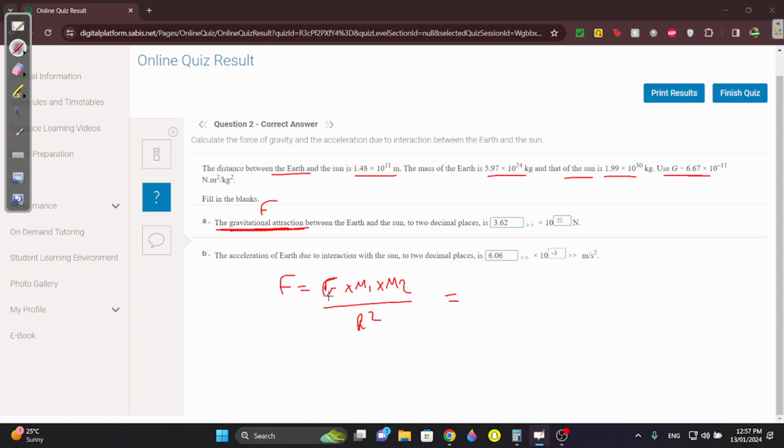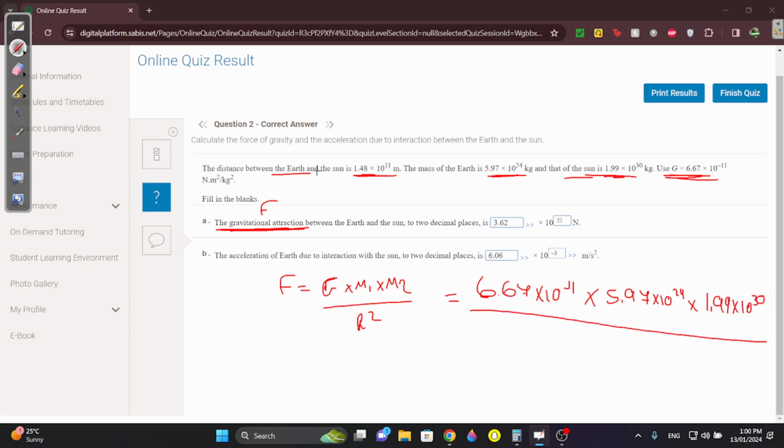In this case, it's going to be G, 6.67 times 10^-11, times M1, the first mass, which is, sorry, that's not the mass, that's the distance. The mass here is 5.97 times 10 to the power of 24, times the other mass, 1.99 times 10 to the power of 30, all over the distance between them squared.